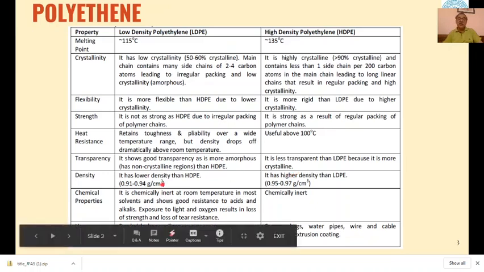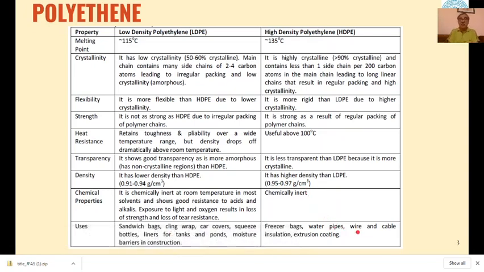Then density, as the name suggests, LDPE has lower density than HDPE, in the range of 0.91 to 0.94 grams per centimeter cube, whereas HDPE has a higher density in comparison to LDPE, 0.95 to 0.97 grams per centimeter cube. Then as far as chemical properties are concerned, both are inert, but in case of low density polyethylene, it is chemically inert at room temperature in most of the solvents, but as we expose it to light and oxygen, it loses strength and tear resistance also.